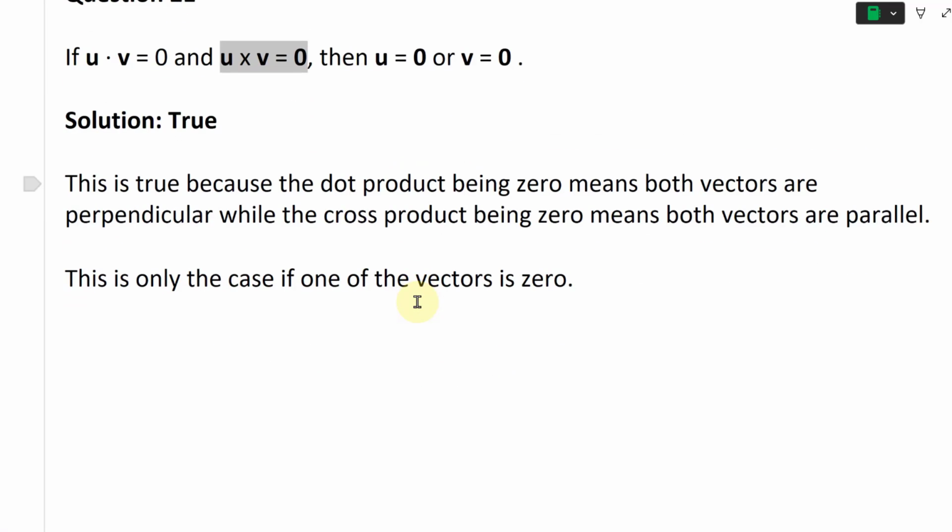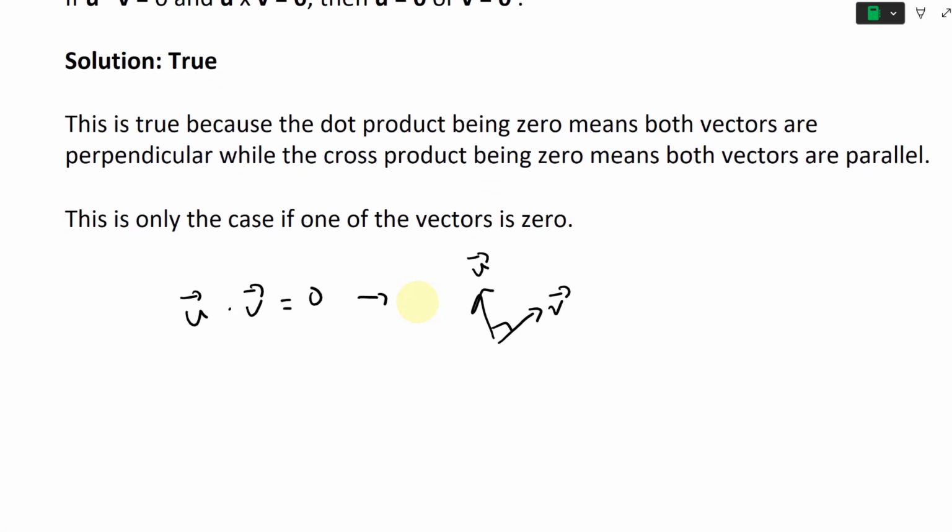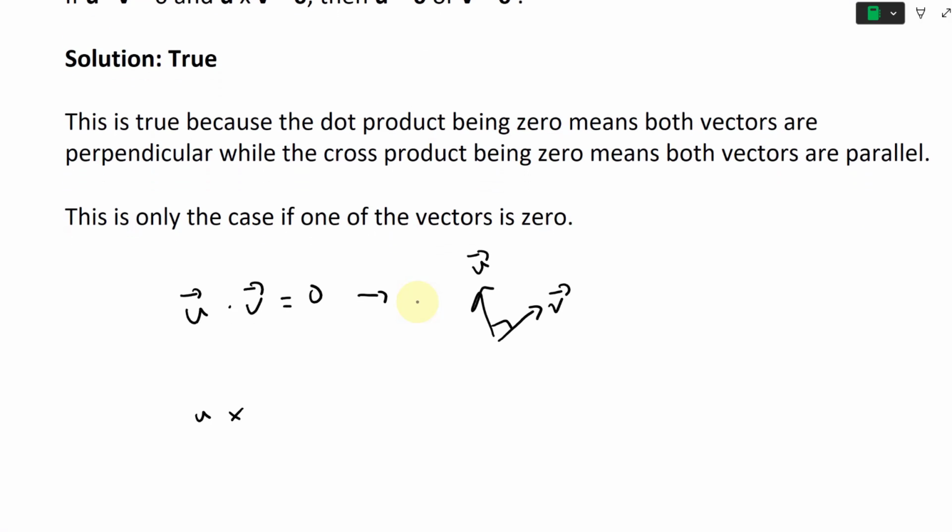So u dot v equals 0 means you're going to have basically perpendicular vectors like this, and then u cross v is equal to 0, so this means they're parallel.